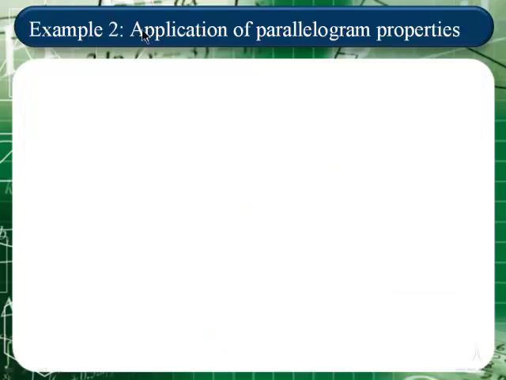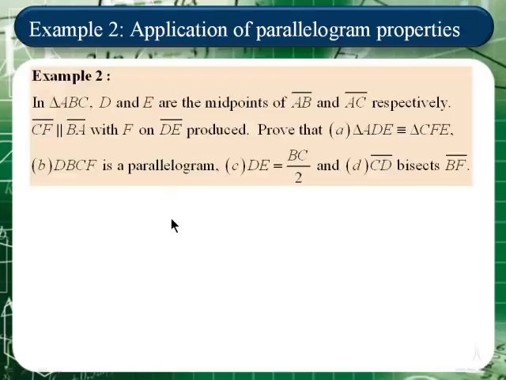We consider a second example where we apply the properties of parallelograms. We are given triangle ABC with D and E the midpoints of AB and AC respectively, and then furthermore it is given that line segment CF is parallel to line segment BA with F on DE produced.